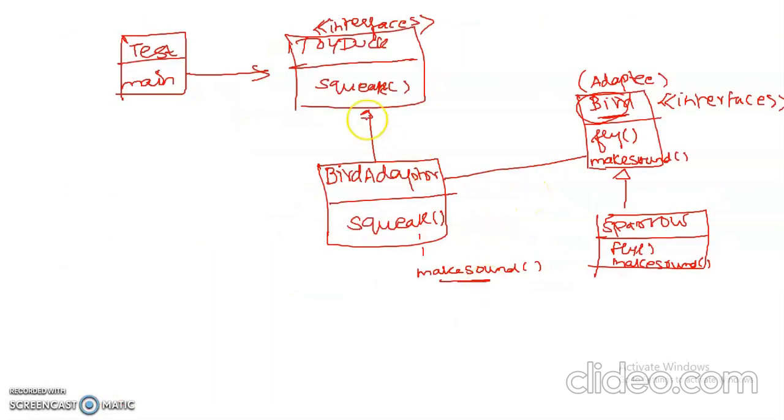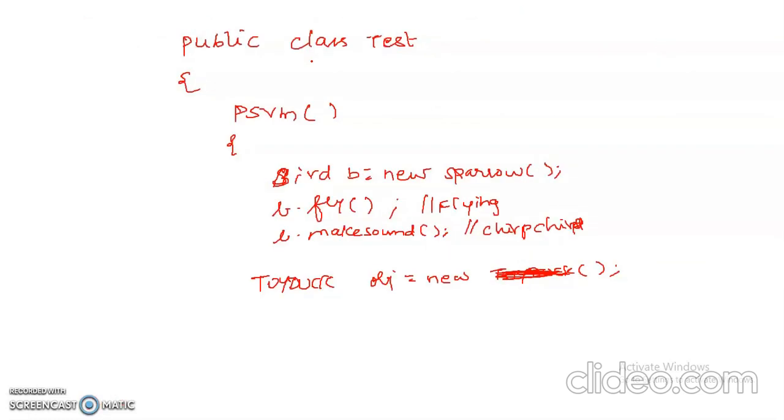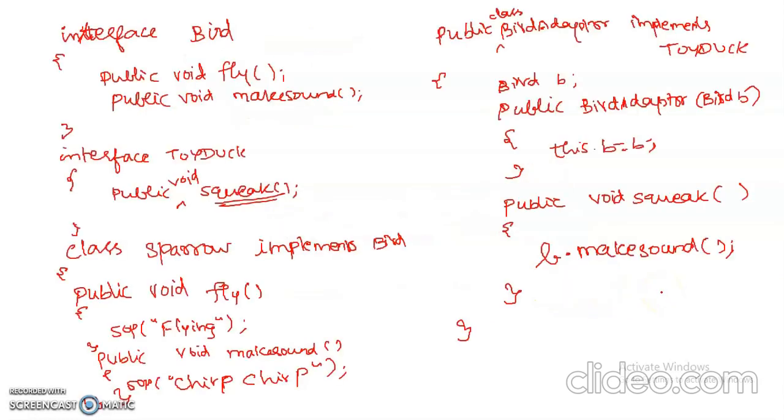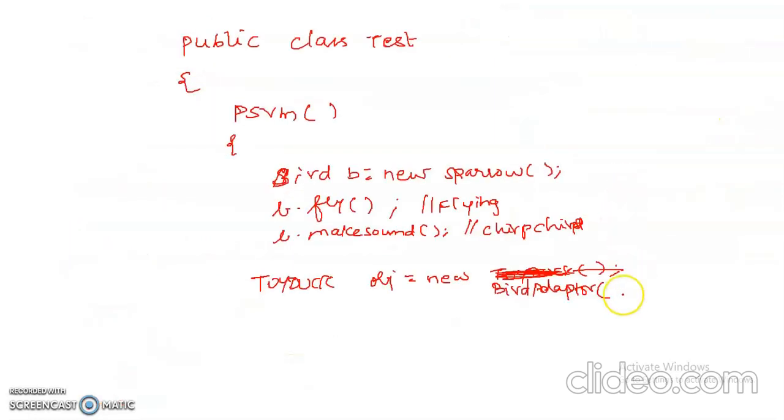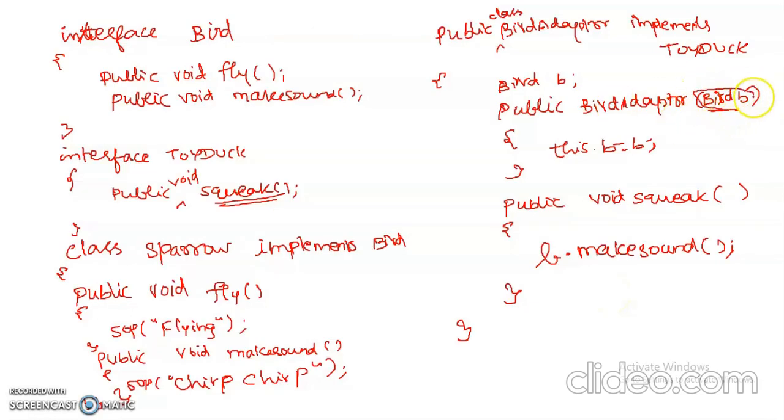Similarly, ToyDuck is an interface, BirdAdapter is implementing the ToyDuck interface, so we have to create ToyDuck object equal to new BirdAdapter. As it will create an object, we are having a parameterized constructor, so we have to pass the object of this Bird class.